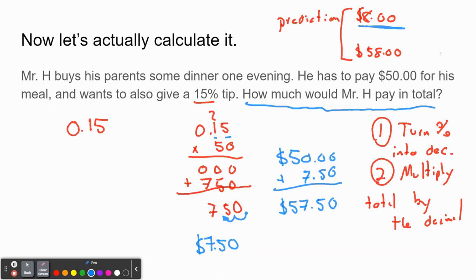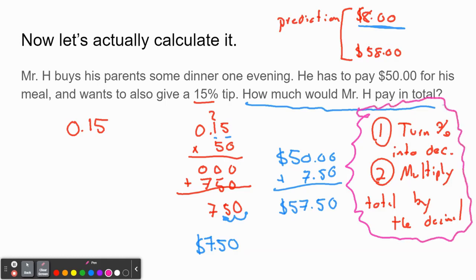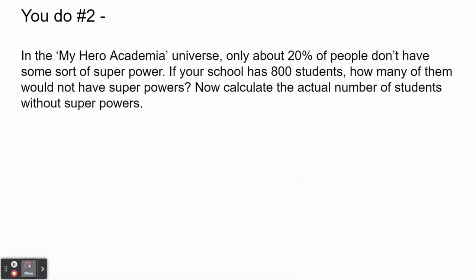Take a minute, pause, write this down, especially make sure that you write down our checklist here, because this is really going to help you on the next you do. Because guess what you're going to do? You're going to do basically the same thing. Pause the video now. So your second you do. You're doing the exact same problem as the first you do.